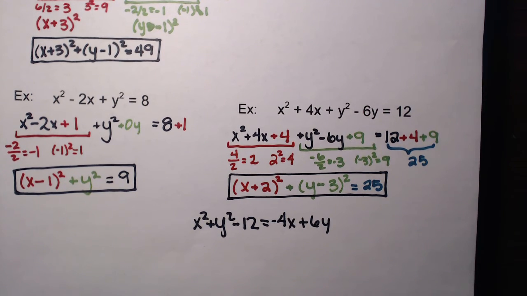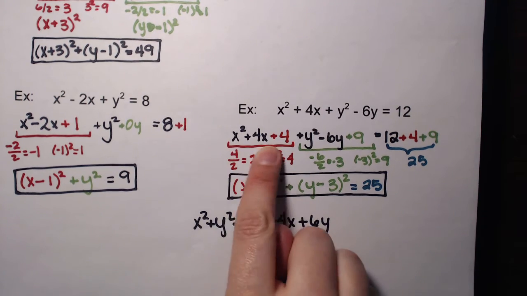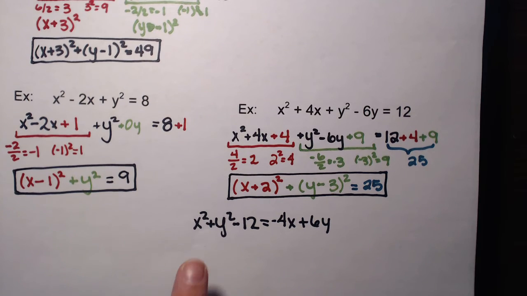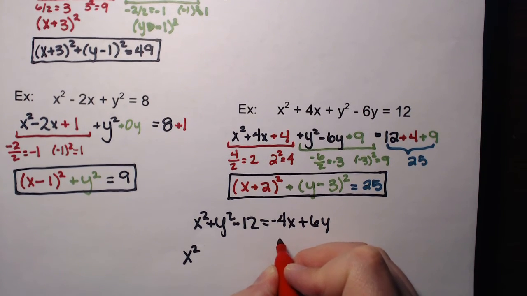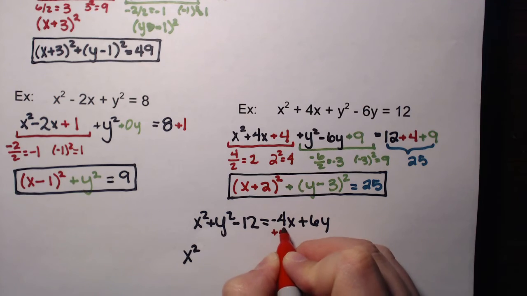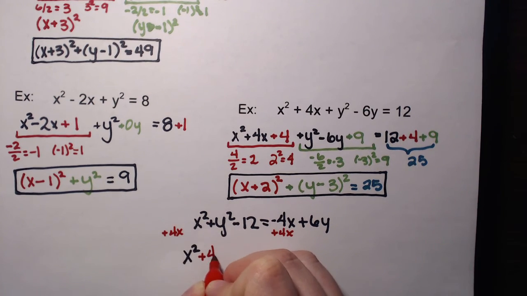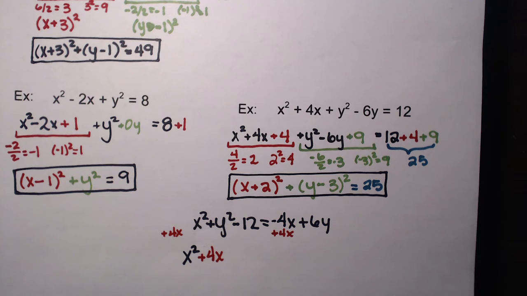What you would have to do is get it set up to where you have x's, y's, numbers. So I like this x. I don't like the 4x to be away from it, so I'm going to add 4x to both sides. And then I'm going to leave a space.